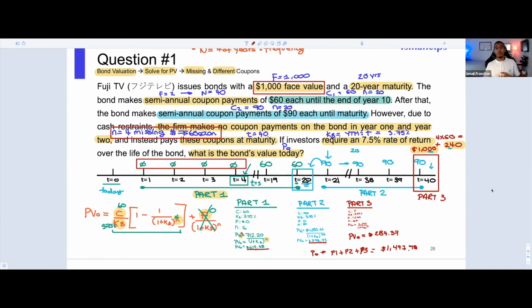This one required you to understand that sometimes you need to break down a prompt into its sub pieces. And from there, you do it step by step and you add these different parts together to find the value today. Overall, if you're able to do this, you should be able to do most bond questions on your exam. So I feel like this went okay.